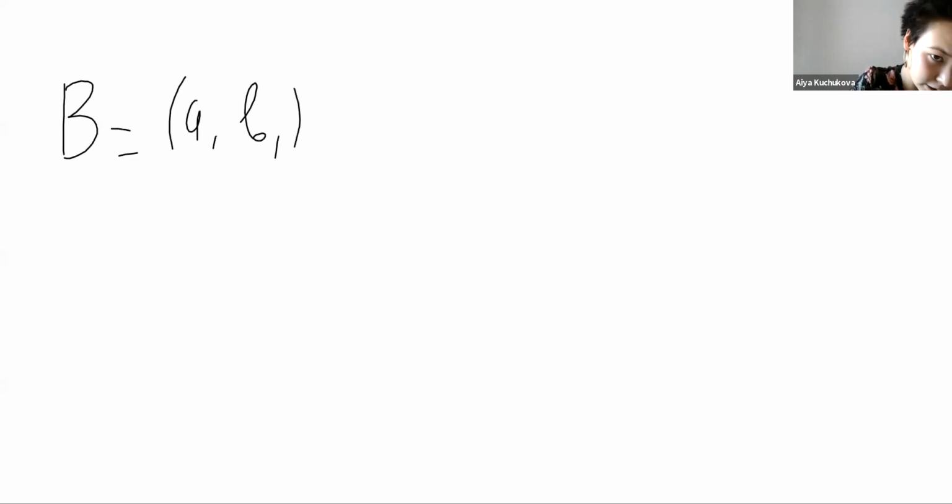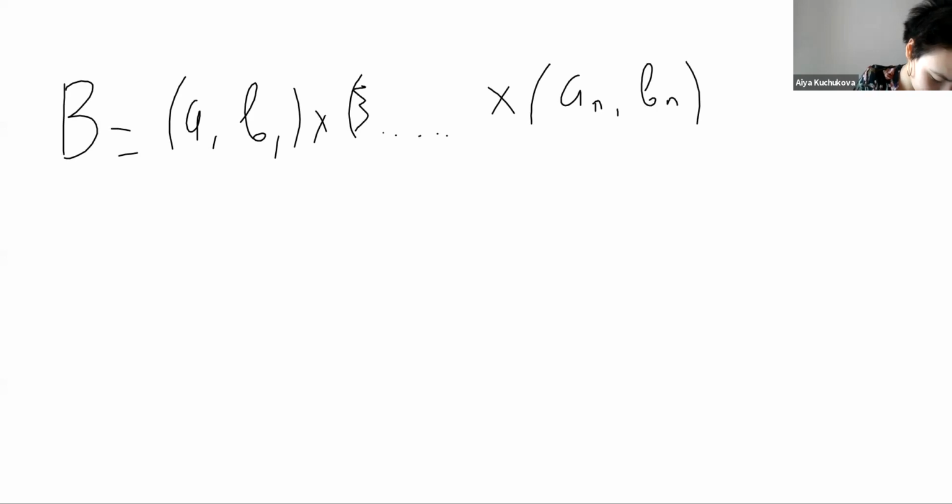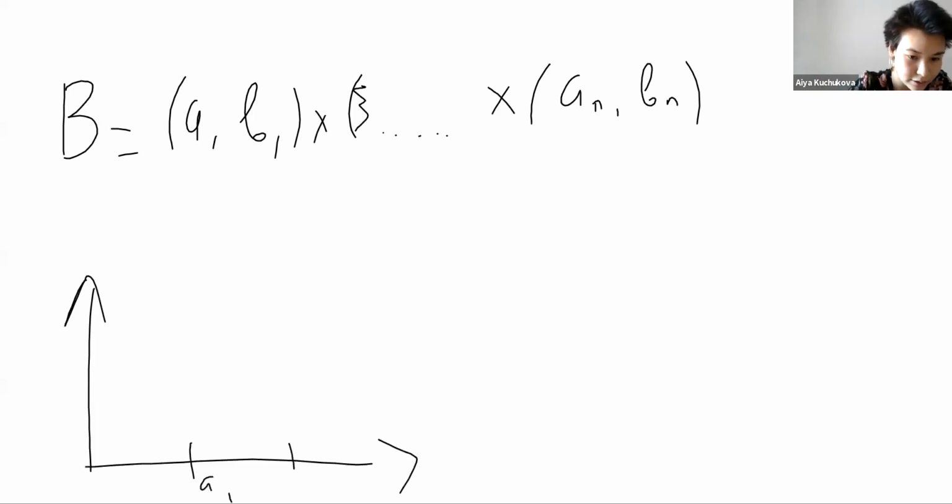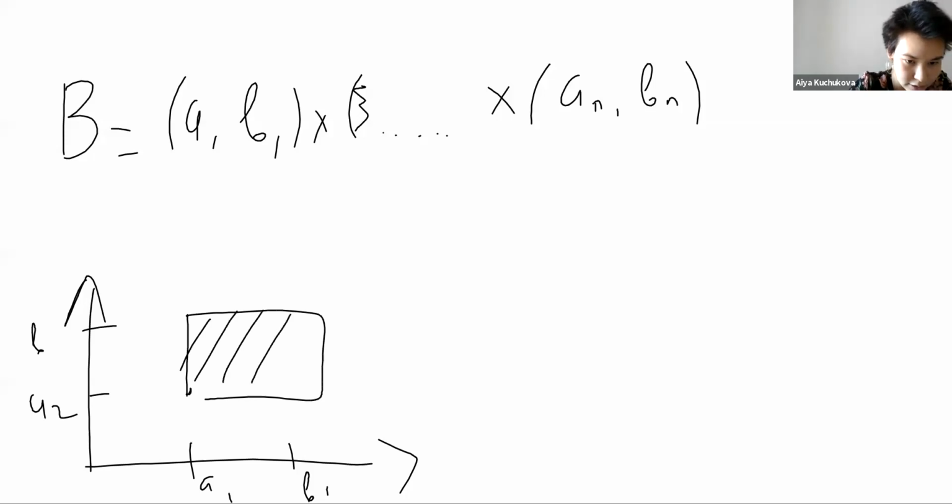What happens is we have B, which is A1, B1, and so on, up to AN, BN. And basically, how can you visualize that? It's just kind of like an n-dimensional cube, right? So you take A1, B1, you take A2, B2, and you take their cross product, so that's a square.